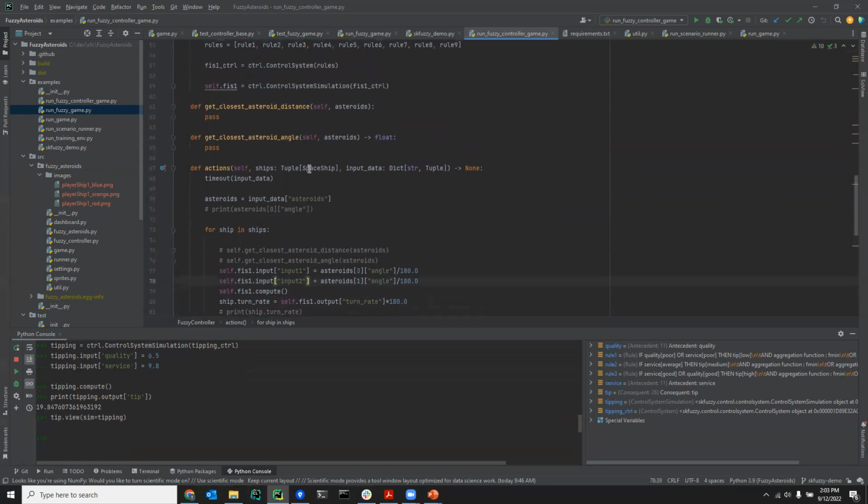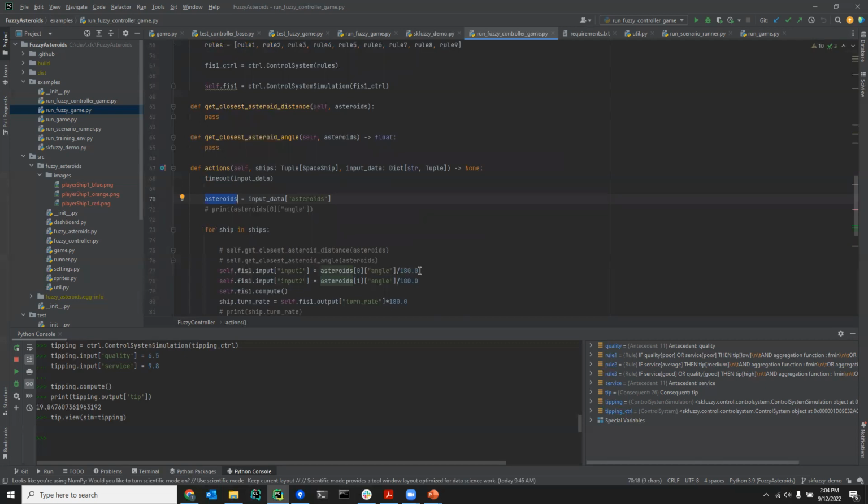In this case, we're going to get some sort of information from asteroids, which remember is an input data, which is a dictionary. So we're going to grab the asteroid data and assign it to this asteroid variable. We're going to use some information from the asteroids as our inputs to that FIS.